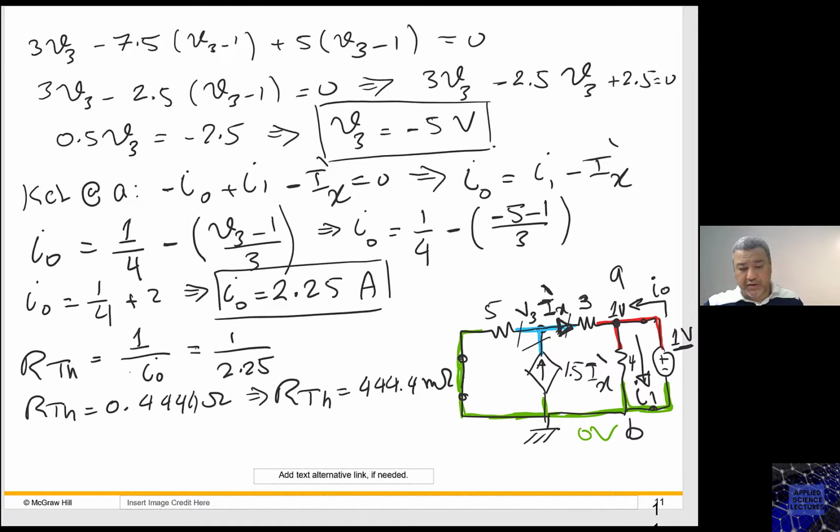Any questions so far about Thevenin's theorem? Again, to summarize it, there are two cases. First case is when we have only independent sources, and you've seen how we've done that. We found the voltage open circuit, and then we found the R Thevenin by simply switching off those independent sources because there are no dependent sources.